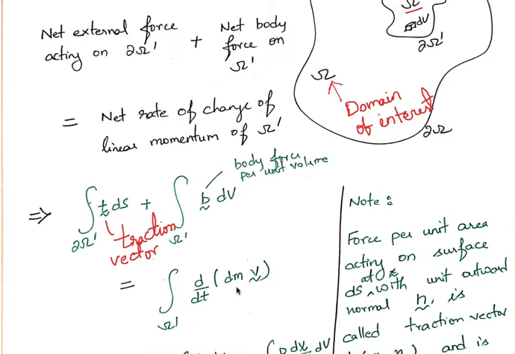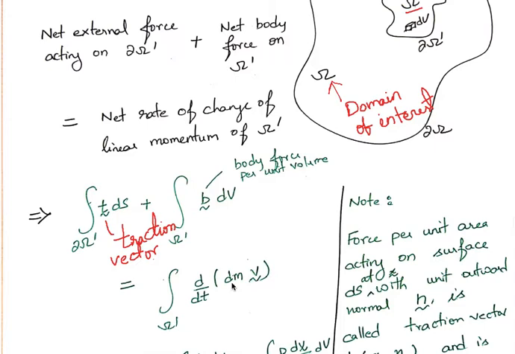Now what is linear momentum? If I take this small volume element dV, what will be its mass? Its mass will be density multiplied by the volume dV. Now that I am going to call dm, infinitesimal mass. So linear momentum is mass multiplied by velocity.